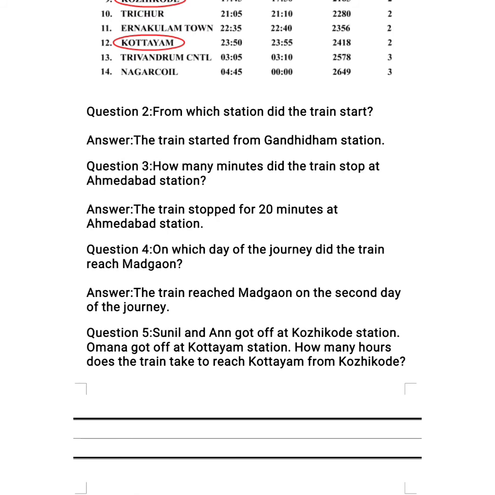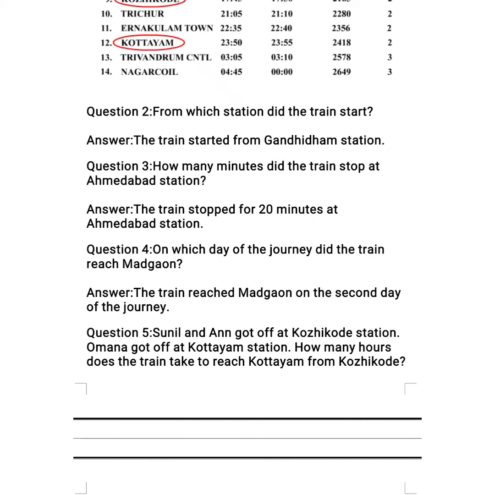Omana got off at Kottayam station. How many hours does the train take to reach Kottayam from Coimbatore? So class, when we read this chapter, we learned that it takes 6 hours to reach Kottayam from Coimbatore, and we also learned that she reached at night. So the train took 6 hours to reach Kottayam from Coimbatore.